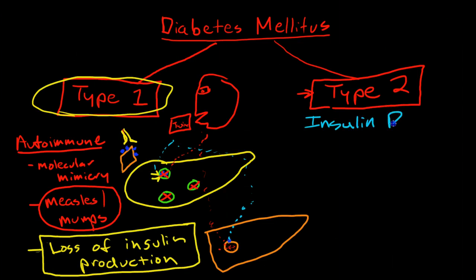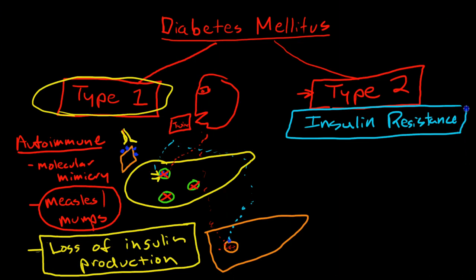resistance. And I think we're starting to understand this disease a lot better, but we still don't completely understand what causes insulin resistance. So with type 2 diabetes, the islets of Langerhans are just fine, and the beta cells are just fine.